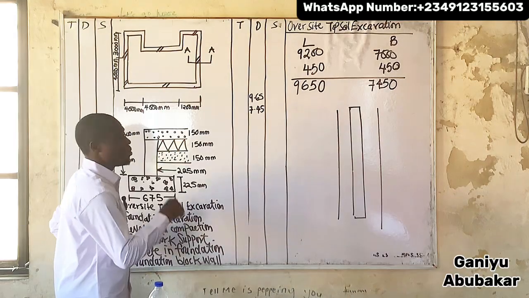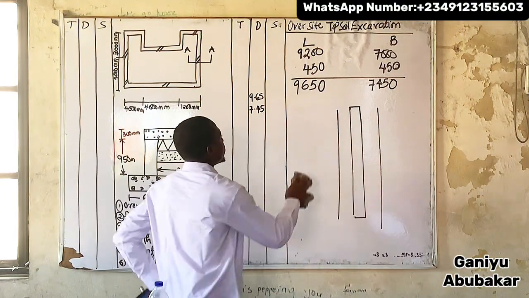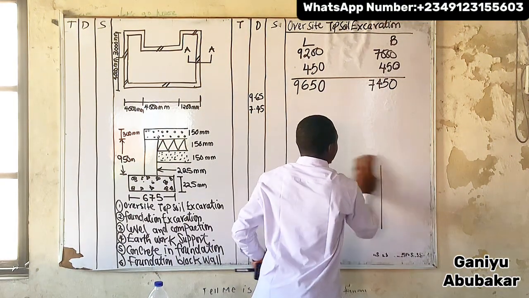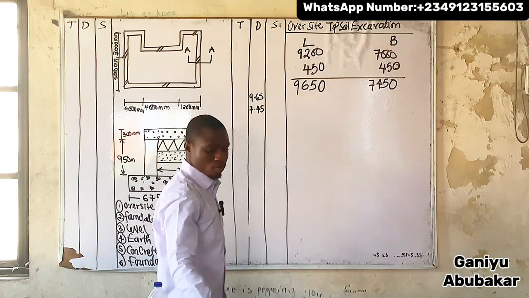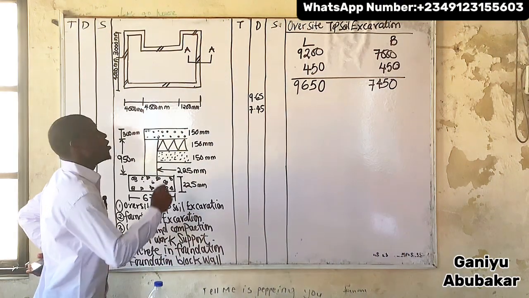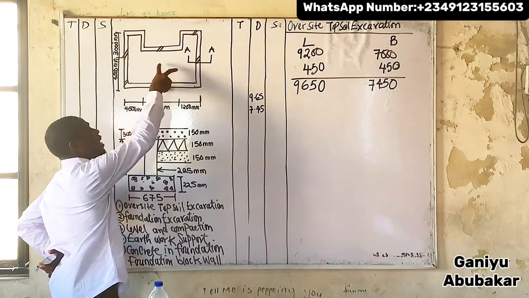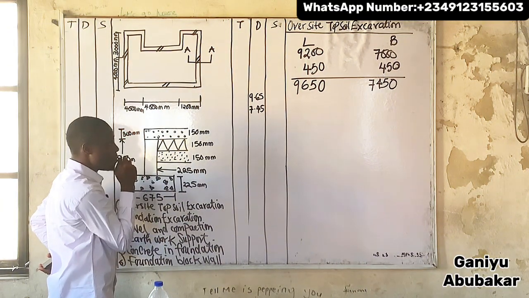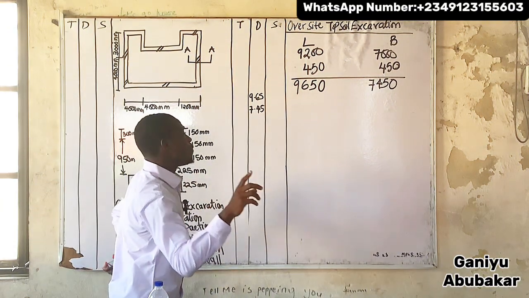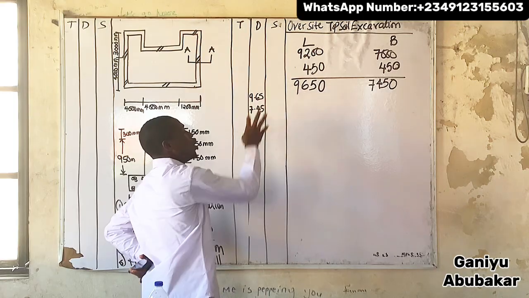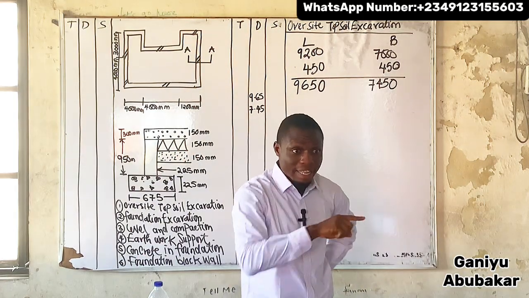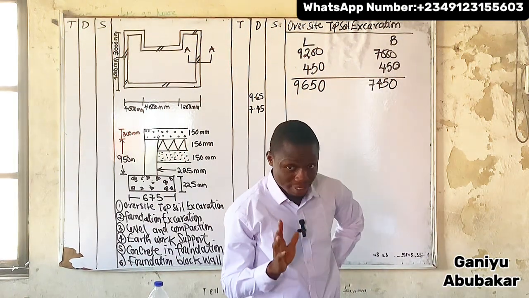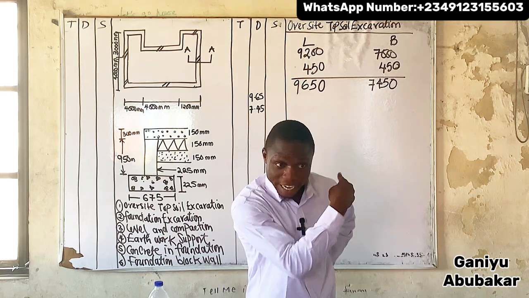Now look up, please. Listen. For this land here, if I add these two values together, it will give me the total length of all the sides. Am I correct? I have length, I have breadth.